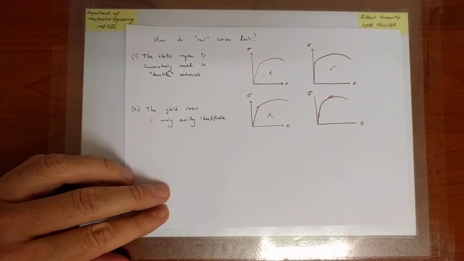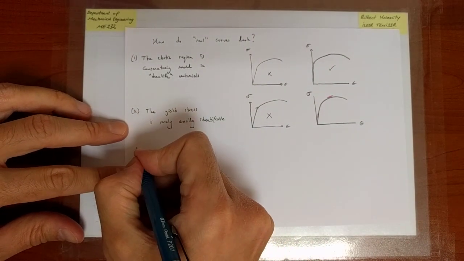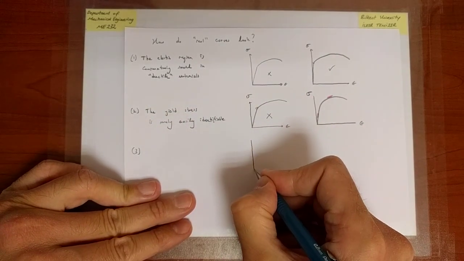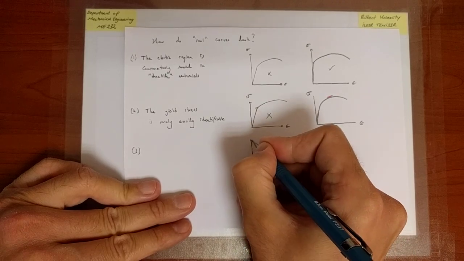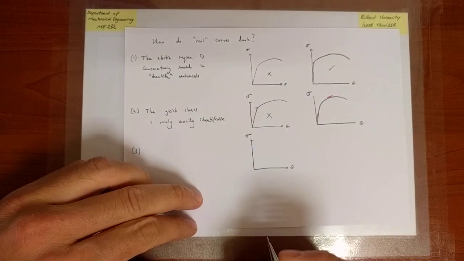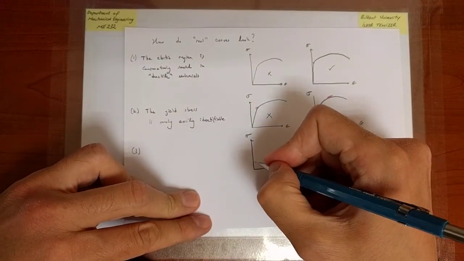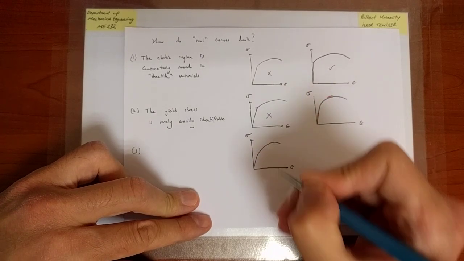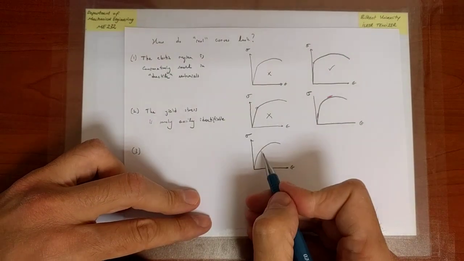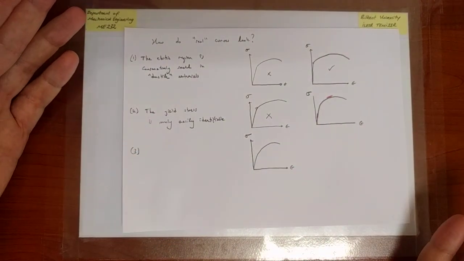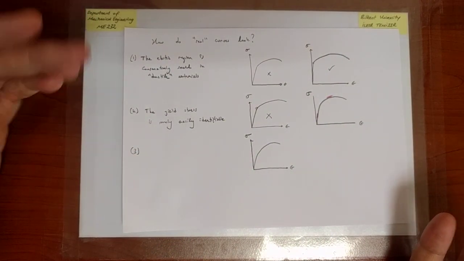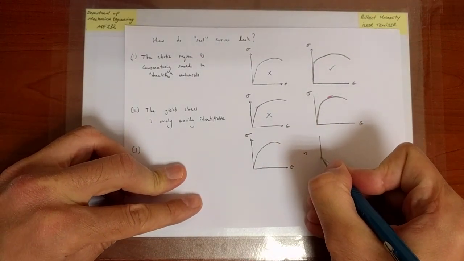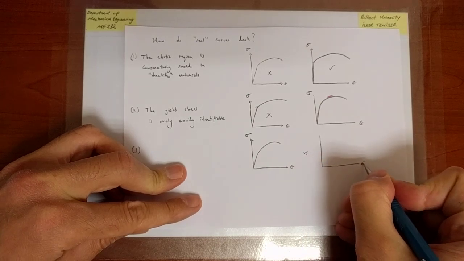Now, the third point is the distinction between ductile versus brittle. Okay, the curve that we are drawing, let's draw this one again. This curve is more like a curve that's for a ductile material versus one that is for a brittle material.